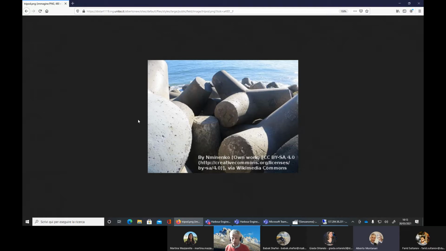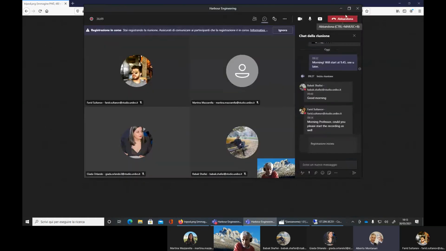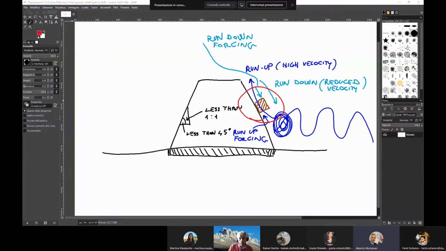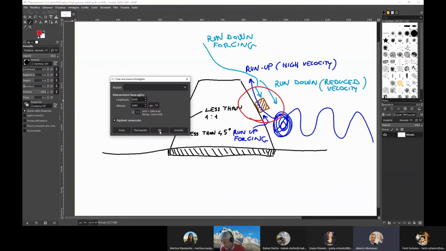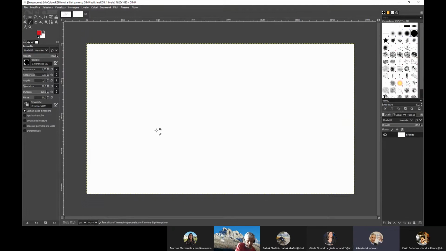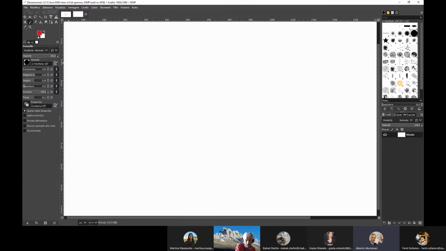Now, in order to study in detail the stability of the Harbour unit, let me draw a new sketch. So I go back to the blackboard here. File, new. Okay, let me expand it, perfect.